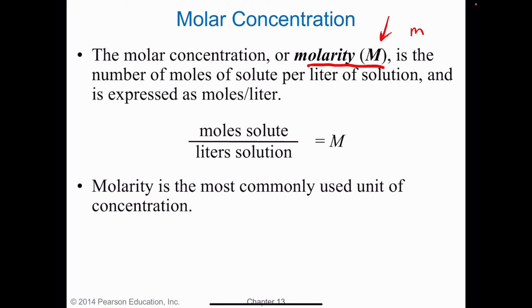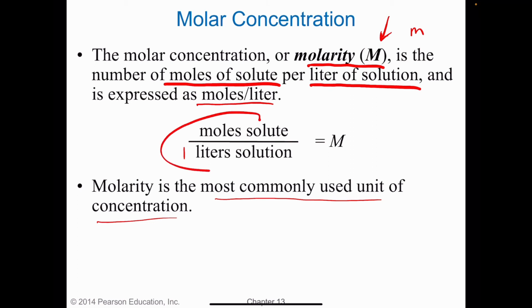Capital M is molarity, the number of moles of solute per liter of solution, and we always express it as moles per liter. It is the most commonly used unit for concentration. The mass percent we're not going to use very often. Molarity is used all the time. Moles of solute per liter of solution is important to remember.